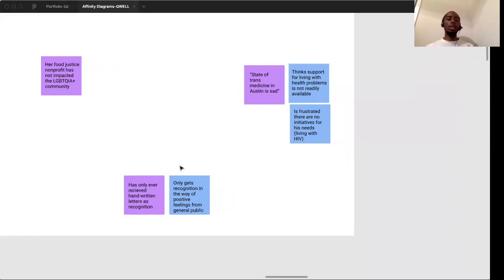It's frustrating that they don't have as much recognition or aren't showing that much impact. But what's interesting is that for this one, they gave donations, and in return they received a handwritten letter from the nonprofit.